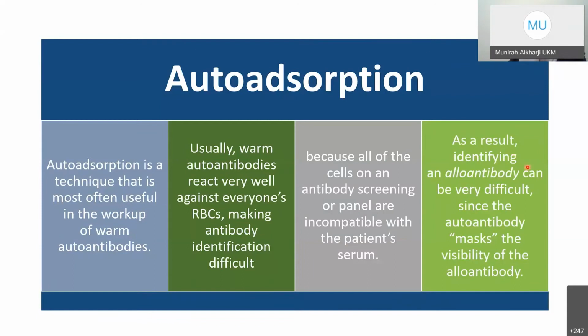As a result, identifying an alloantibody can be very difficult since the autoantibody masks the visibility of the alloantibodies. That means the autoantibody masks the alloantibody. That's why we cannot detect the alloantibody using the simpler method.